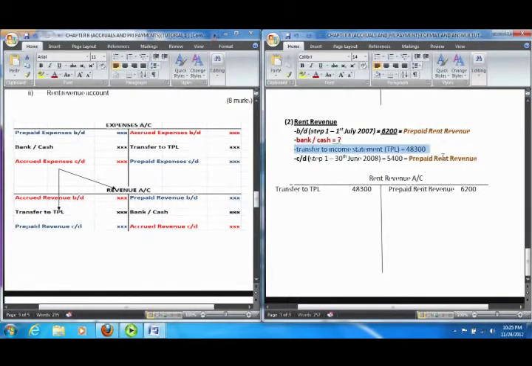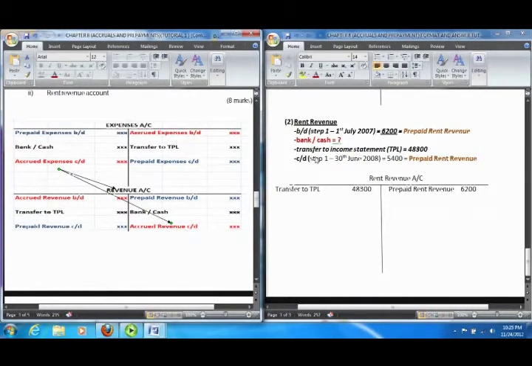Okay, next, class. Done TPL. Now is your CD. Based on information also, it is 5,400. Okay, as you can see here, class, CD can be debit, CD can be credit. So which one? Yes, very good, class. CD, you must see the situation first. It is prepaid rent revenue. If in the situation of prepaid rent revenue, or we also call it what, class?